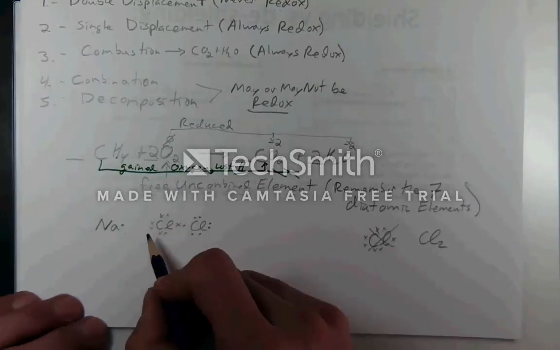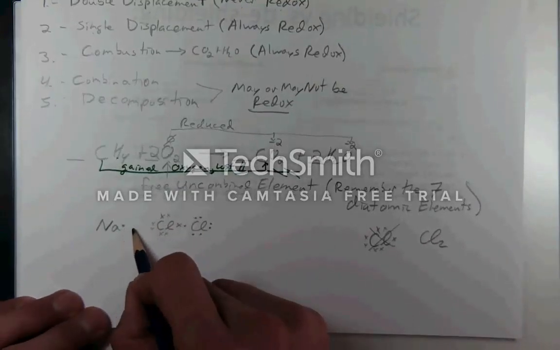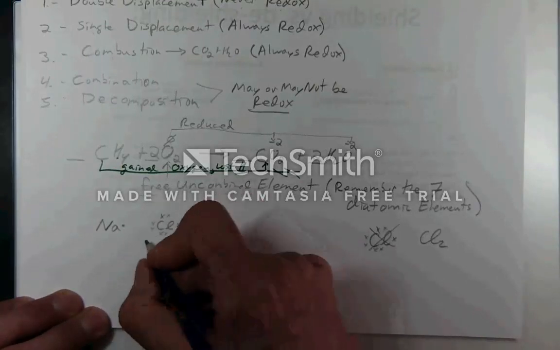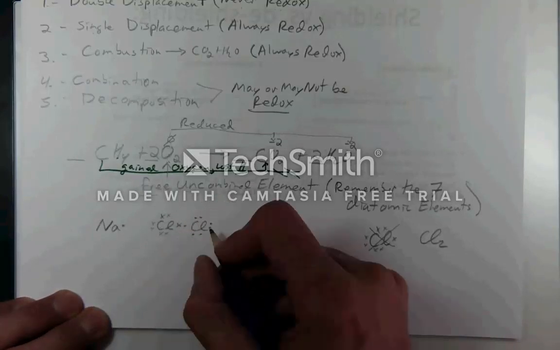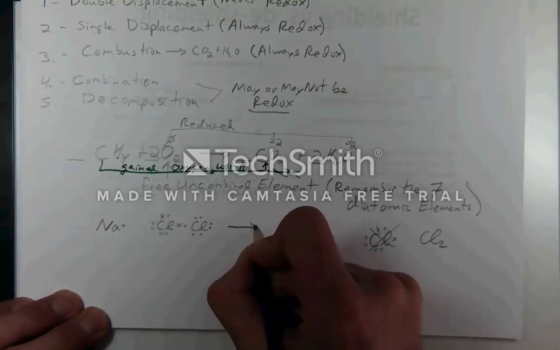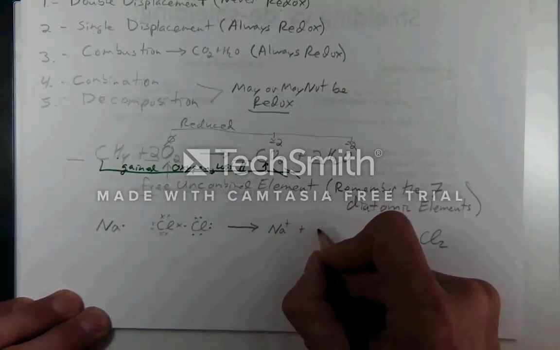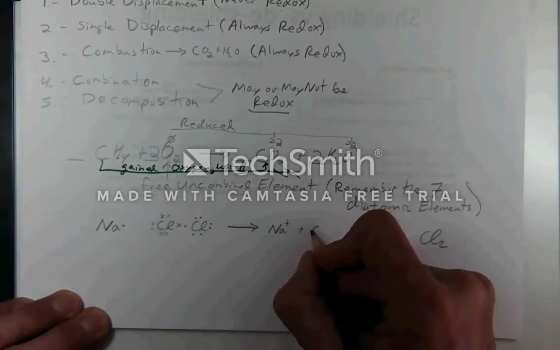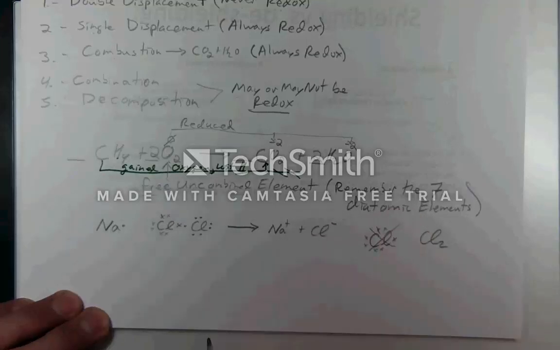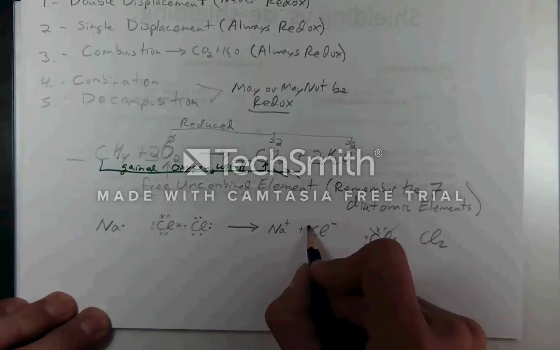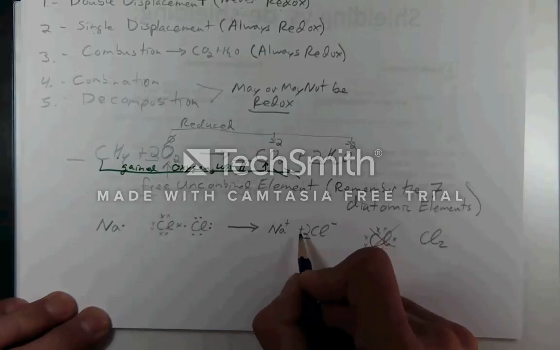So if sodium is going to react with chlorine, it's going to react with something like this. And so what happens then, well, let's finish this reaction. We get the sodium ion and the chloride ion, but there's 2 chlorines here, right? So we'll use a coefficient of 2.